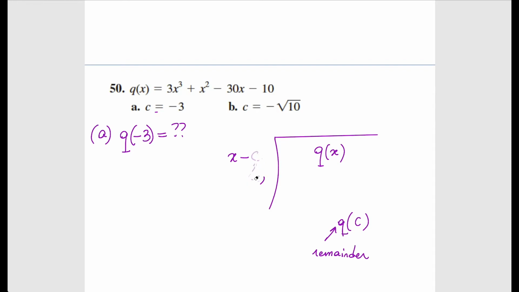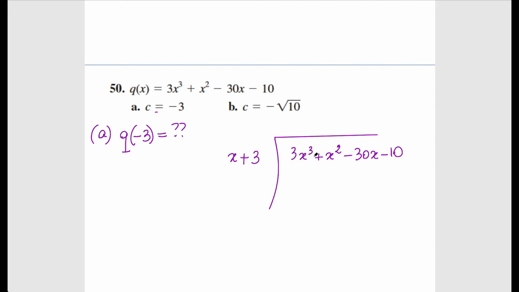I'm going to divide q of x by x minus the -3, and x minus the -3 is x plus 3, right? And what's q of x here? q of x is 3x cubed plus x squared minus 30x minus 10. Okay? Alright, so we're going to do a long division, and I know that what I get at the end is q of -3. Alright, let's do that.